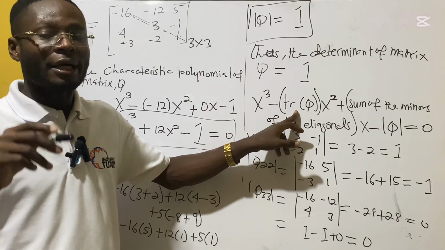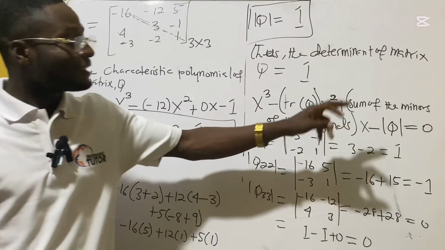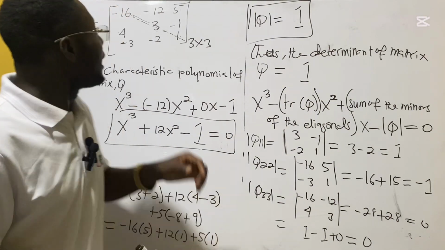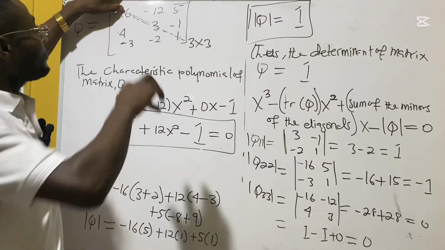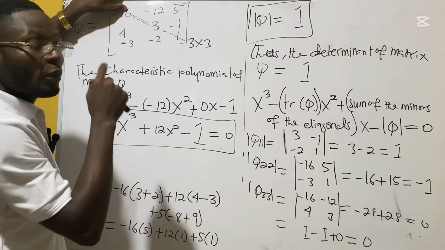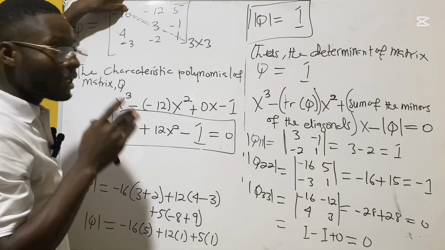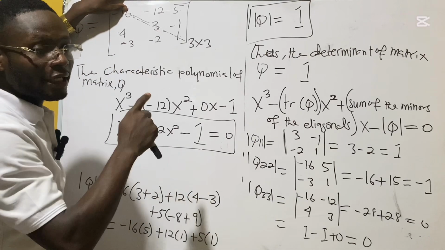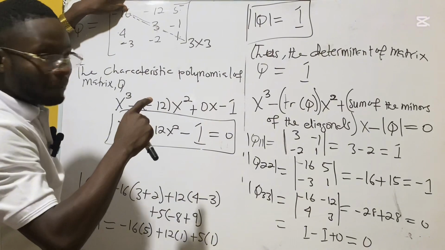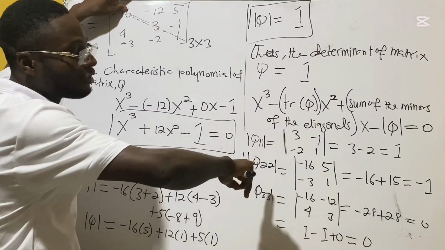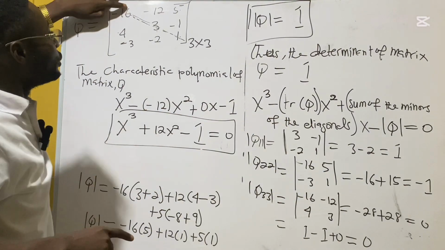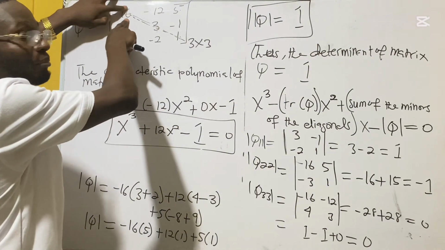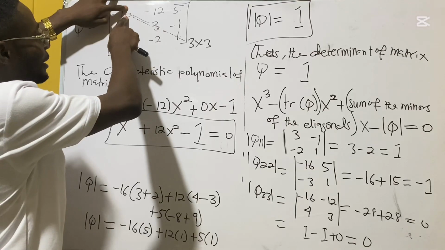That becomes s cubed plus 12 s squared plus the sum of the minors of the diagonal. So particularly when we are talking about characteristic polynomial and trace, we are focusing on the diagonal elements. So for the sum of the minors of the diagonal, meaning the first one, the Q11, you're going to cover the first main diagonal element, right?